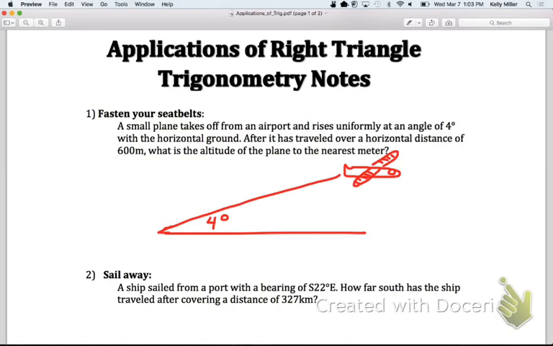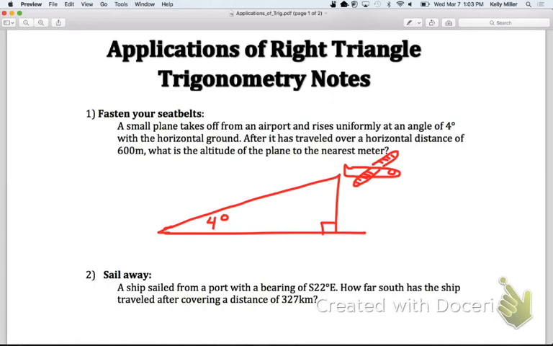Now keep in mind, all these problems are going to be right triangles. So I'm going to turn this into a right triangle by dropping that leg down from the plane to the ground. Where does the 600 meters go?